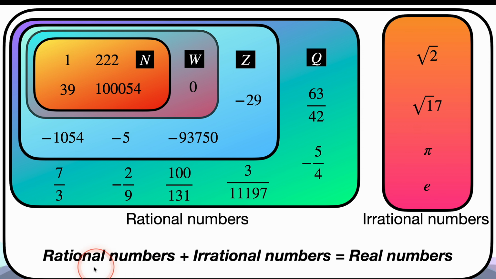All rational numbers plus all the irrational numbers, we get real numbers. What is meant by irrational? As I said before, it means there is no logic to it. In the same way, if I express root 17 as a decimal number, it will be non-terminating and non-repeating, which is not logically sensible for many people.